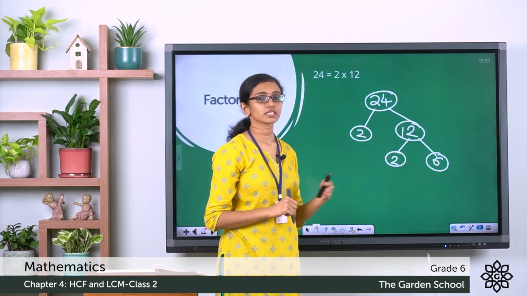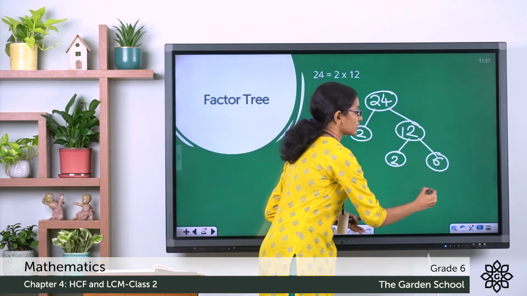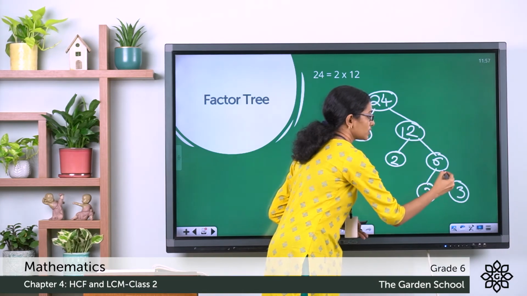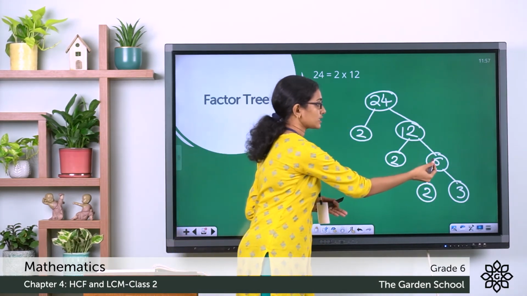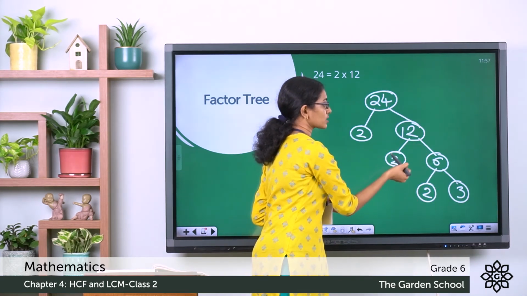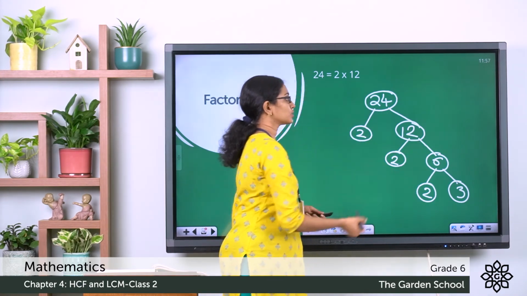Again, 6 is a composite number. Break that down again. So 6 is equal to 2 into 3. Put them in circles and connect the circles. So this means that 6 is equal to 2 into 3. This means that 12 is equal to 2 into 6. And this means that 24 is equal to 2 into 12.